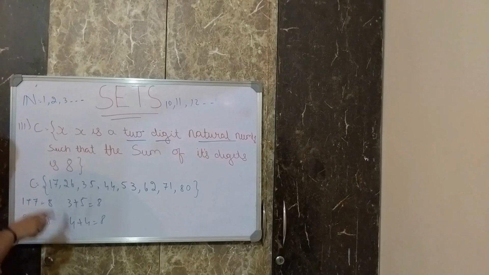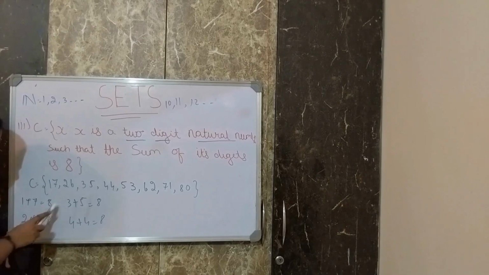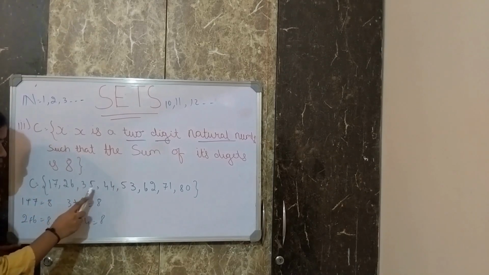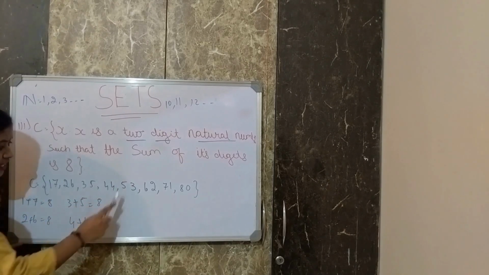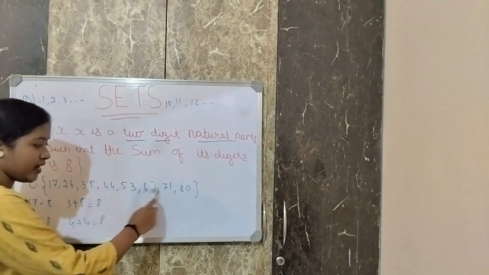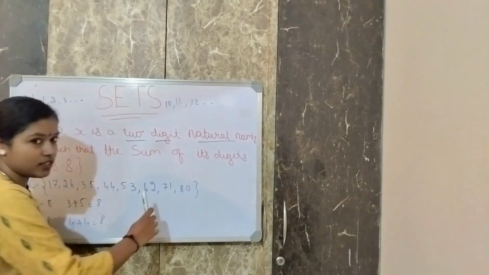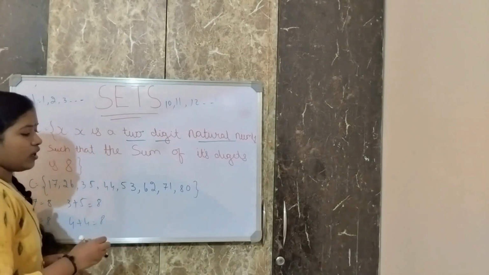If you observe, 1 plus 7 is 8, 2 plus 6 is 8, 3 plus 5 is 8, 4 plus 4 is 8, 5 plus 3 is 8, 6 plus 2 is 8, 7 plus 1 is 8, 8 plus 0 is 8, right?